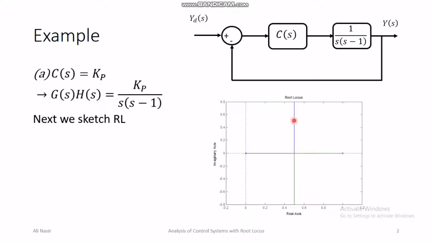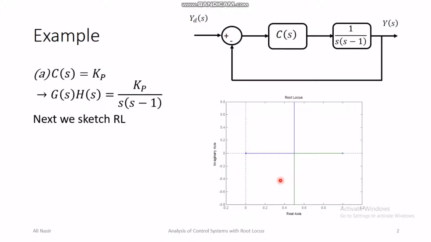One pole goes up at 90 degrees and the other one goes down at 90 degrees, as the fourth rule of root locus predicts that whenever the difference between zeros and poles is 2, there will be two asymptotes, one at plus 90 degrees and the other at 270 degrees.